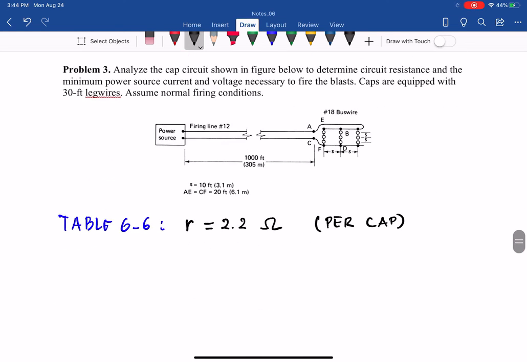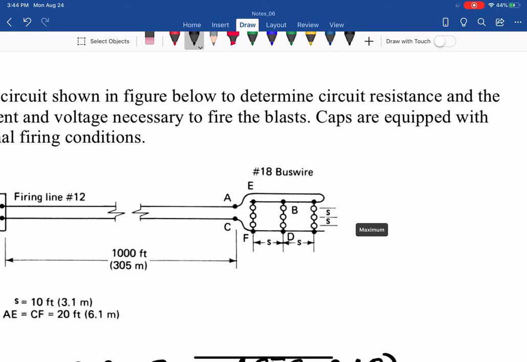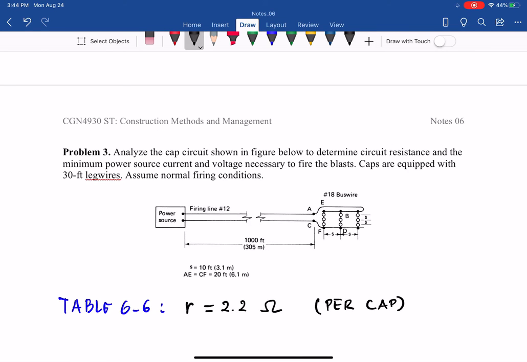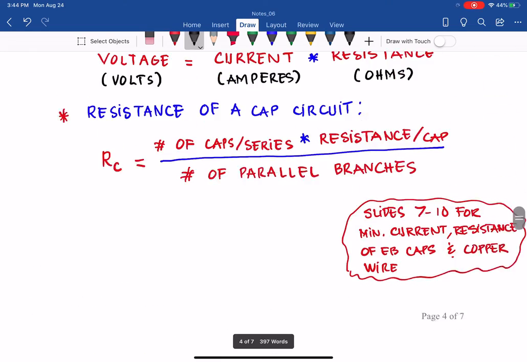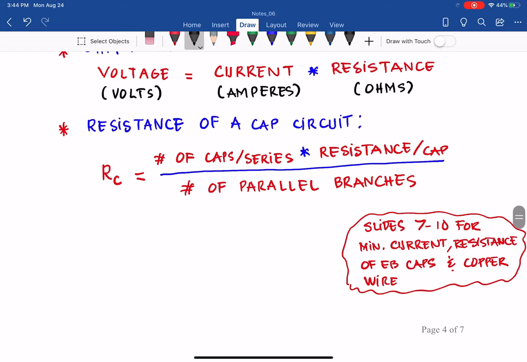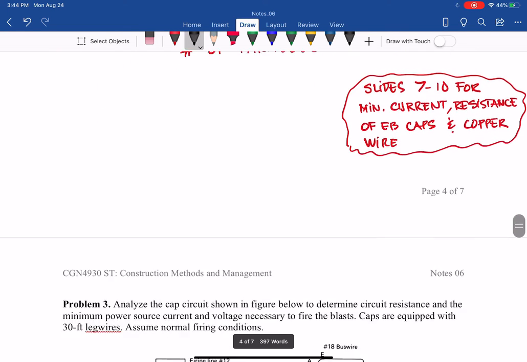Let's see the circuit. How many in series do we have? In each series we have 3 caps. And how many parallel branches do we have? We have 3 branches. So that is applied in that equation: number of caps per series times the resistance per cap divided by the number of parallel branches.